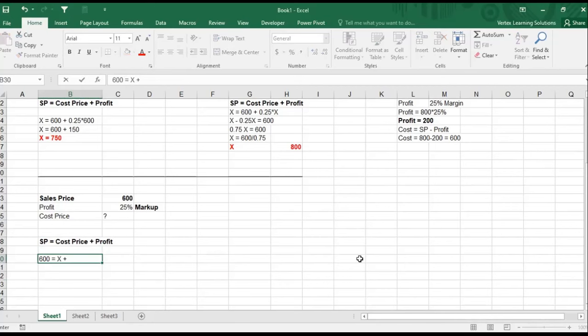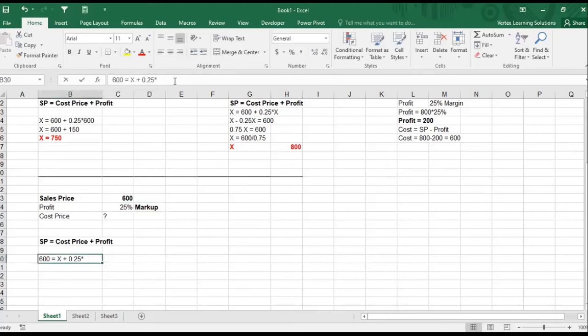Plus markup. Markup is 0.25, and because it is markup, it means 25% of the cost price. We are saying the markup case. Markup means 25% of cost. And how much is cost? Cost we do not know.